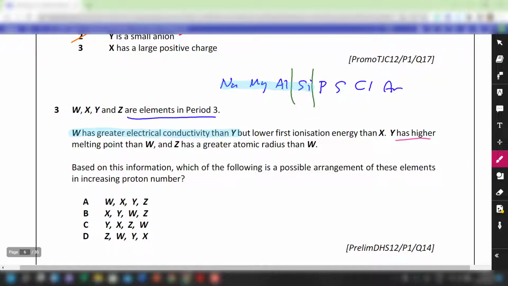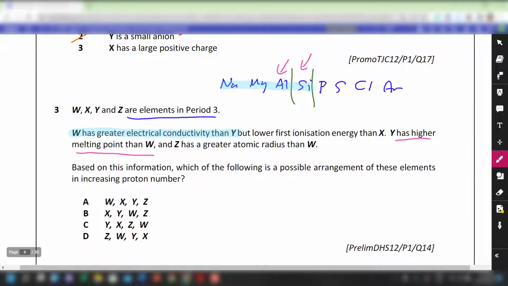Y has a higher melting point than W. So therefore, if Y is this, then W must be this. And then if Y is aluminium, W must be magnesium. Something along those lines.